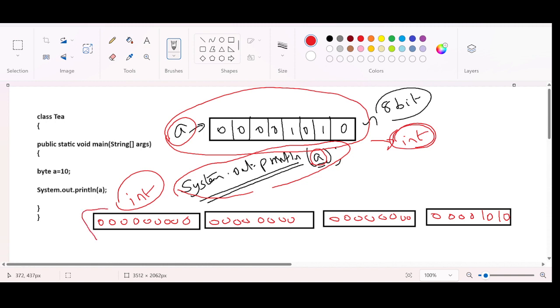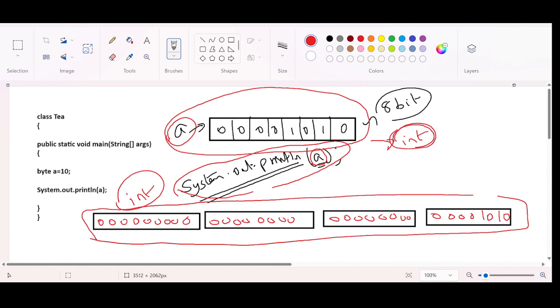So this particular system.out.println will store this decimal number in the form of integer data type. So internally byte is getting converted to integer data type. This is one observation that you should understand. The system.out.println can expect any number, but by default it will consider integer data type.